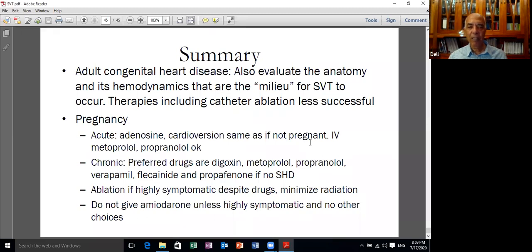Then we try to ablate the accessory pathway. So that's different steps. First the history. Young individual, rapid tachycardia, ECG, narrow QRS complex, negative P wave in the inferior leads, short RP, distance after 70 millisecond, and then EPS, and then ablation.